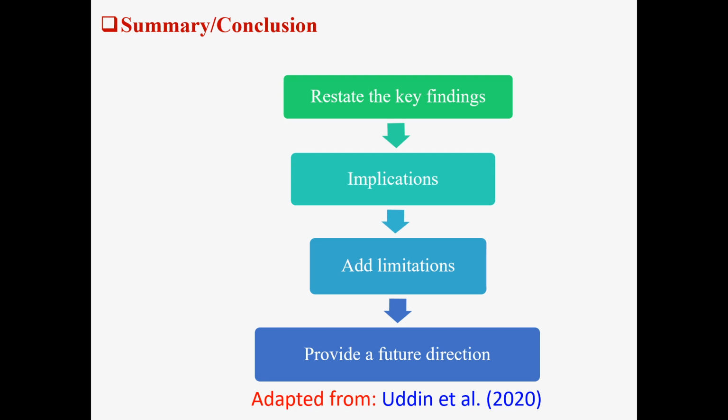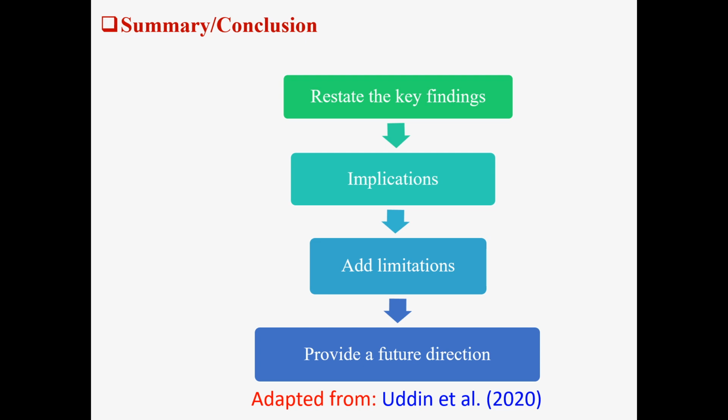Or maybe I used only one model, and more models can be used. So even if there is some problem analyzing your data, you need to give the limitations. When I analyzed my research, I found this, so you need to tell your limitations.